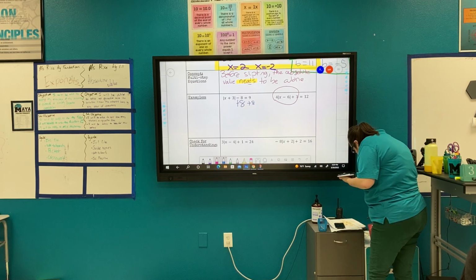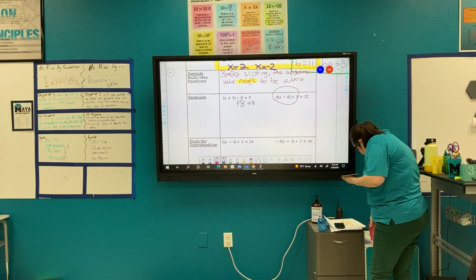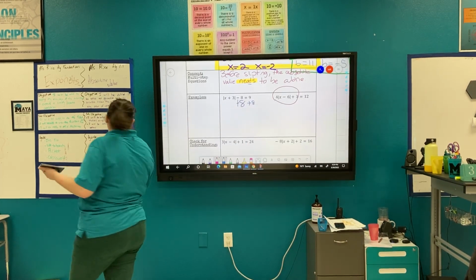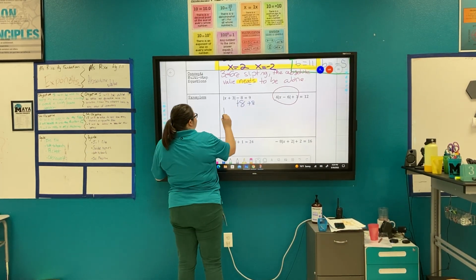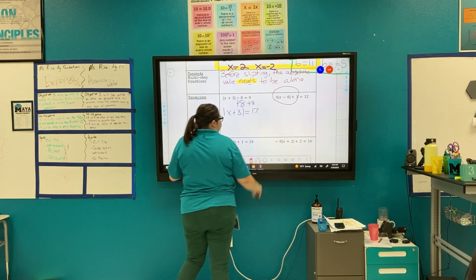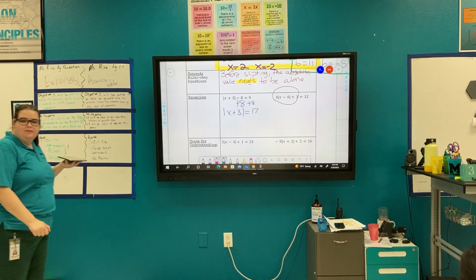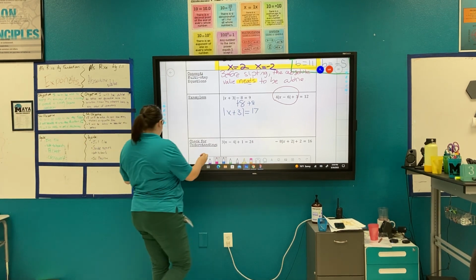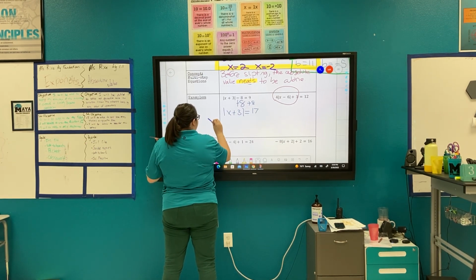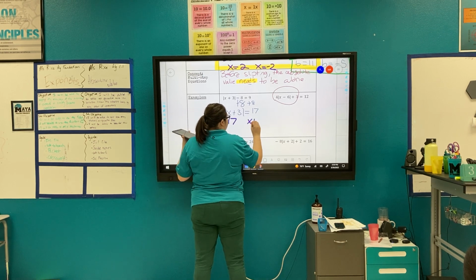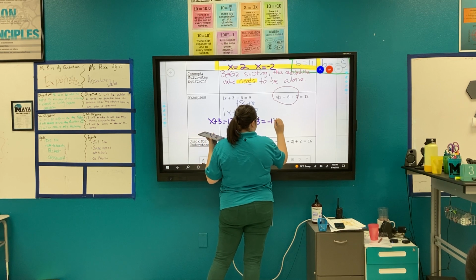Patino, what is 9 plus 8? 17. Perfect. Is my absolute value now by itself? Yeah. Is it by itself on its own side of the equal sign? Yes. So I can split it now. Okay, so I'm going to end up having x plus 3 equals 17, and x plus 3 equals negative 17.